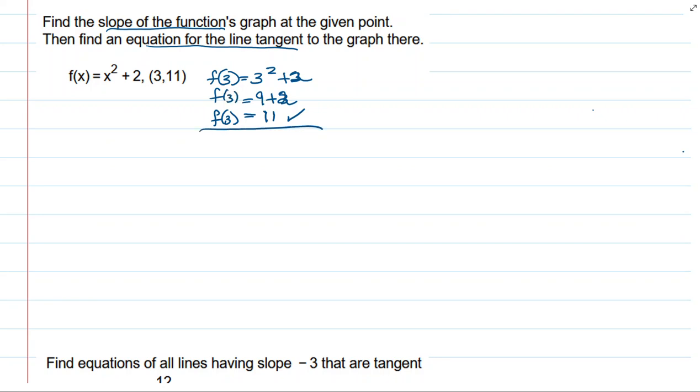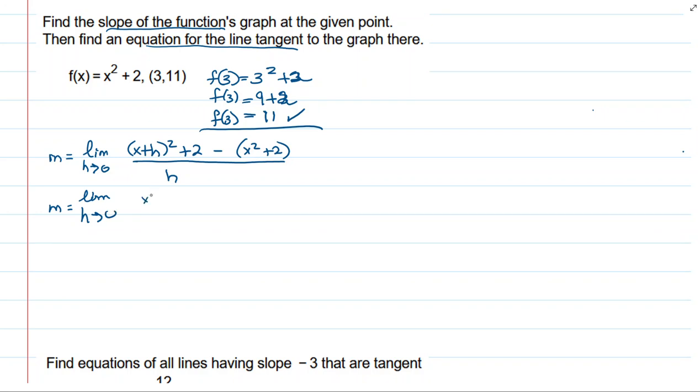Our first step is done. So now we're going to do the slope. And we're going to put our function in. And we'll do a little bit of math, not anything serious, thank goodness.